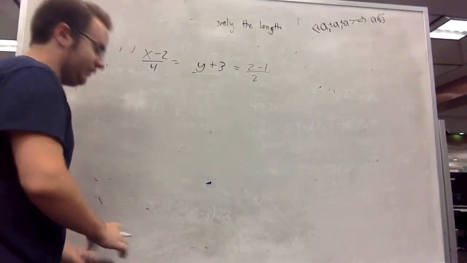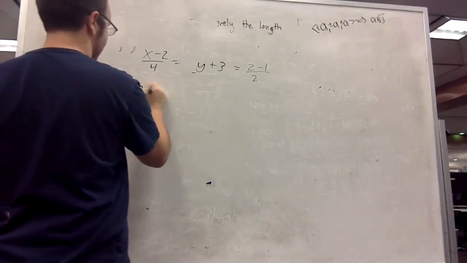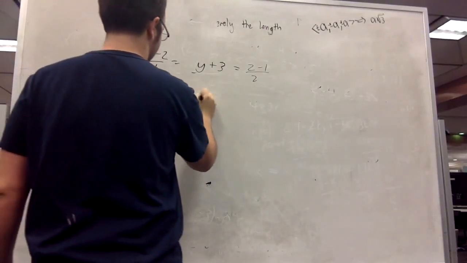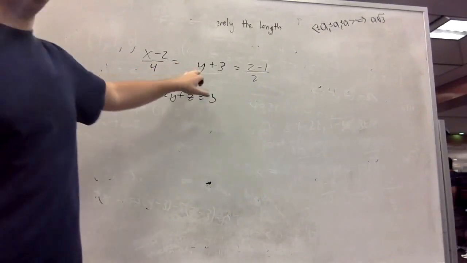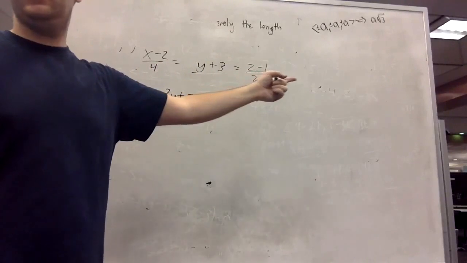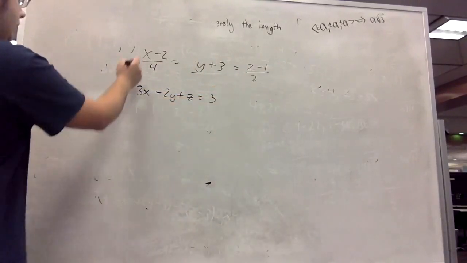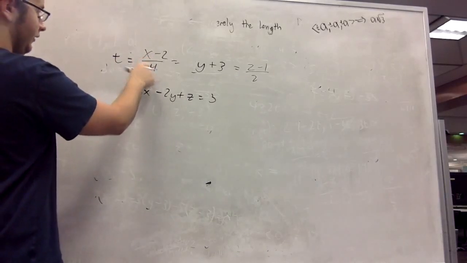When does this intersect the plane given by 3x minus 2y plus z equals 3? We're going to revert this back to parametric form. So it's currently in symmetric form. How did we get from symmetric form to parametric form? We had set all these equal to what? To t. I'm going to solve for x in each of these.